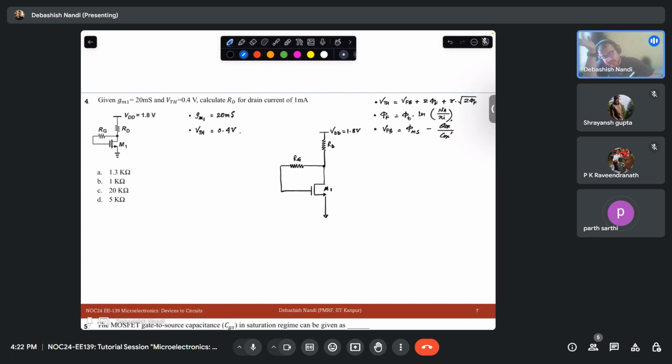So let us solve this way. ID is flowing here. Is this statement true?